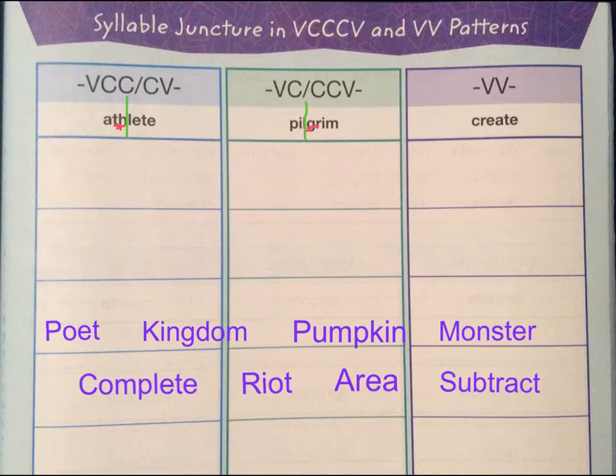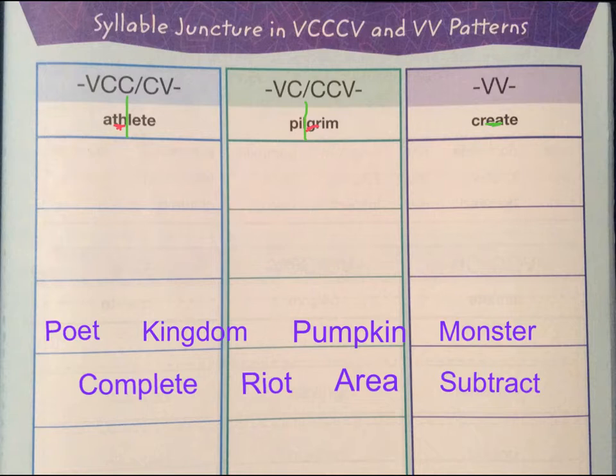And then in our last column, we have vowel, vowel. So if I say create, it would be separated between the E and the A, but it has a vowel, vowel pattern, create. And so that column, the word has two vowels next to each other.